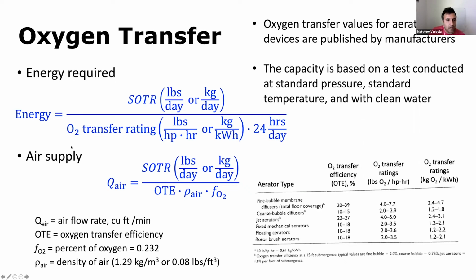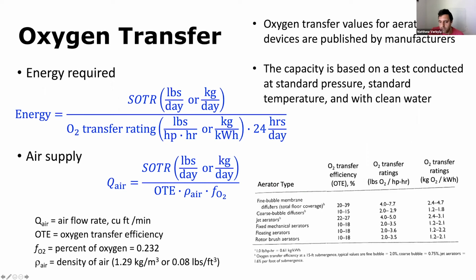All right, so oxygen transfer values for aeration devices are usually published by manufacturers. So if you're shopping around for an aerator, depending on the aerator type, the supplier should be able to give you the oxygen transfer rating, which is the pounds of O2 per horsepower per hour, as well as the oxygen transfer efficiency, which is expressed as a percentage.